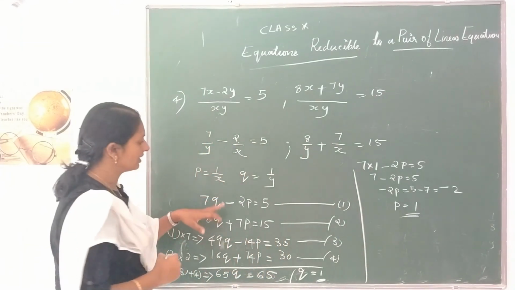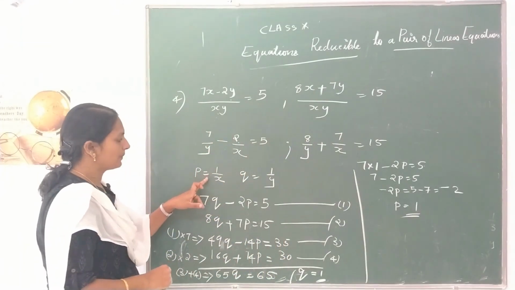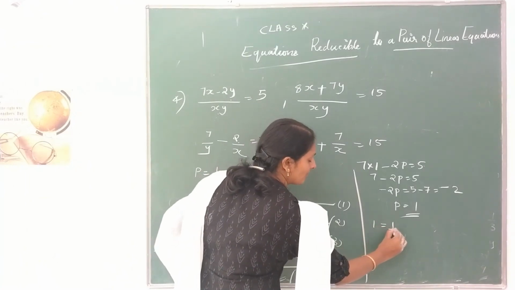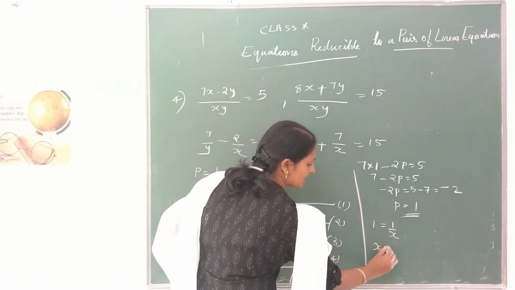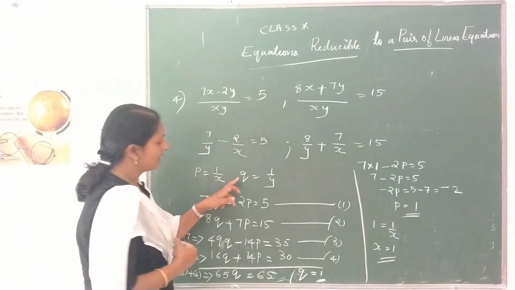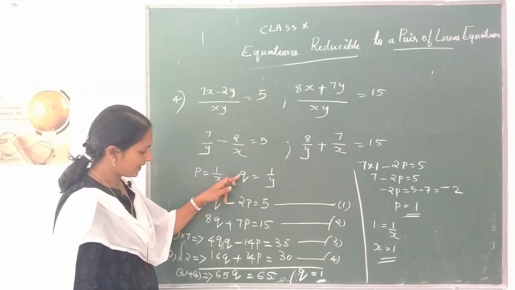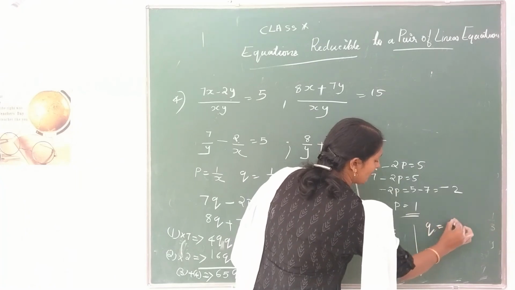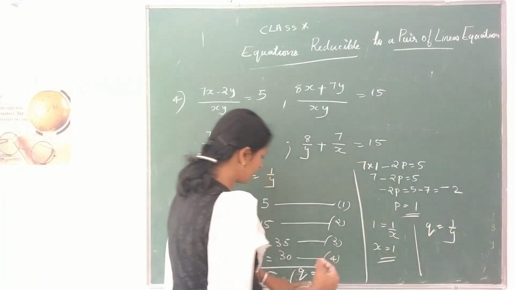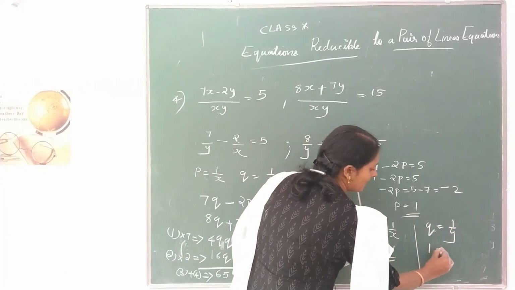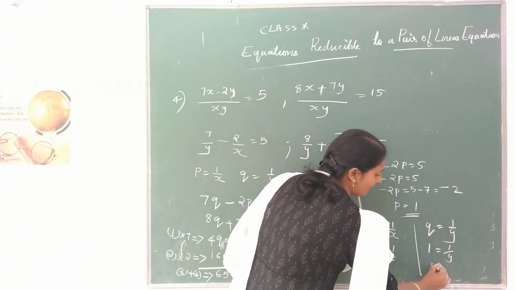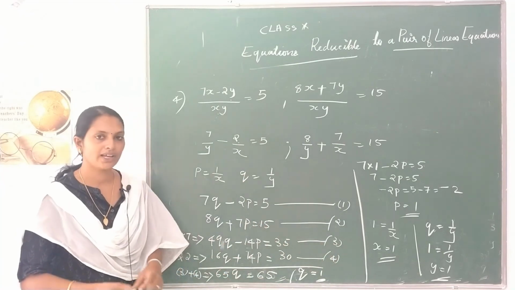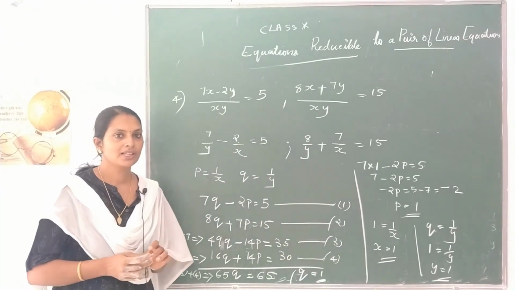Then putting the value in this, p is equal to 1 by x, that is 1 is equal to 1 by x, therefore x is equal to 1. Then q is equal to 1 by y, that is 1 is equal to 1 by y and y is equal to 1. Therefore the values of x is equal to 1 and y is equal to 1. That's all. Thank you.